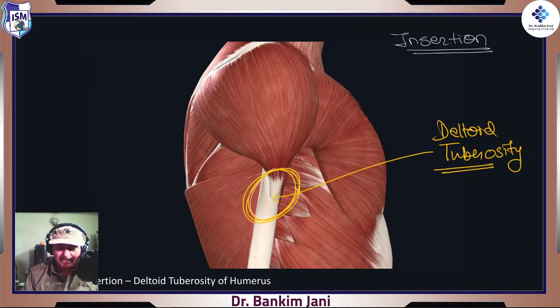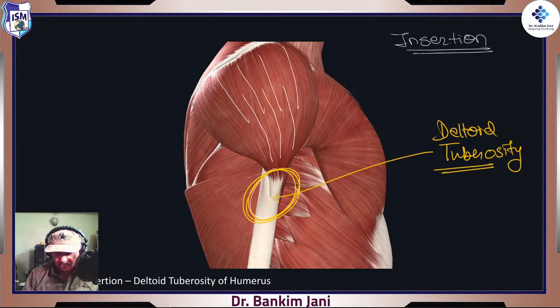How many septa were there from the acromion process? Four. So 1, 2, 3, 4. You draw this. And then this is the deltoid tuberosity, and at the deltoid tuberosity there are 3 septa. So 1, 2, 3. See how interestingly things are made.